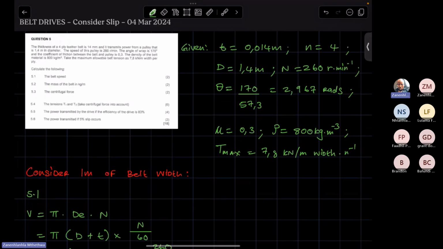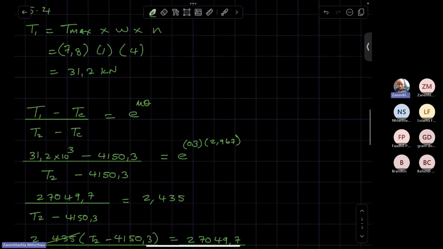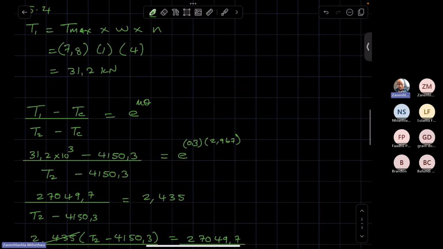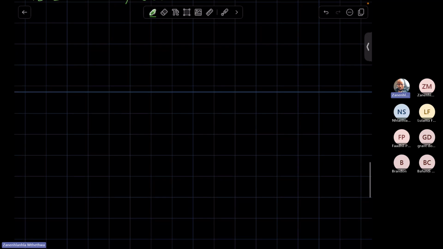Now, 5.5, the power transmitted by the drive if the efficiency of the drive is 83%. So the easiest way to attempt such a problem: now they're essentially saying that our belt drive is not 100% efficient.